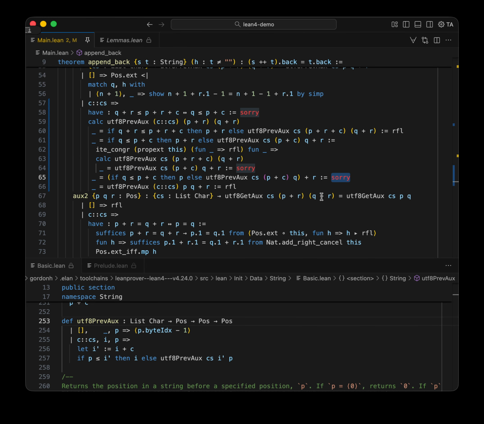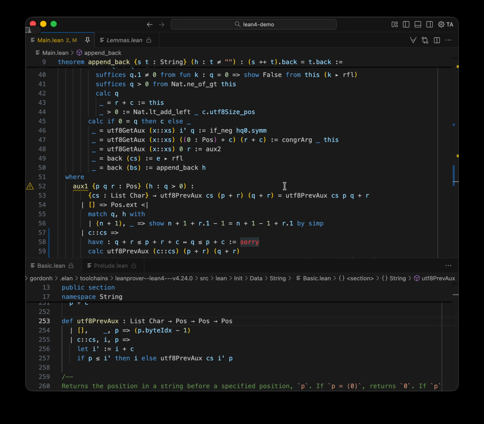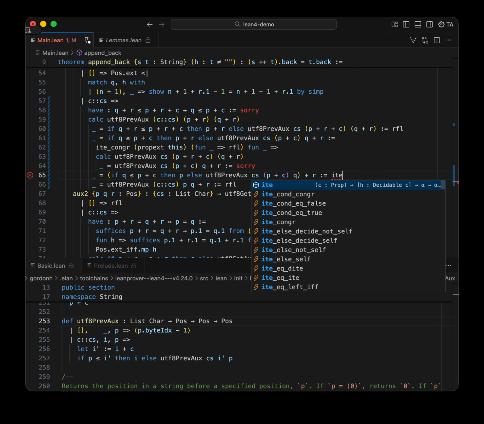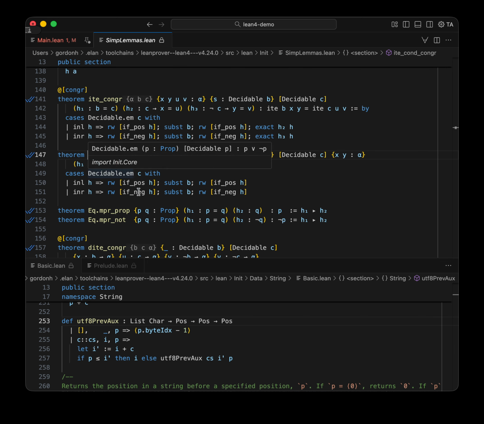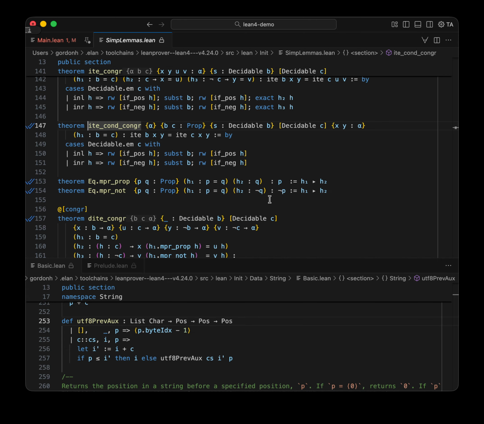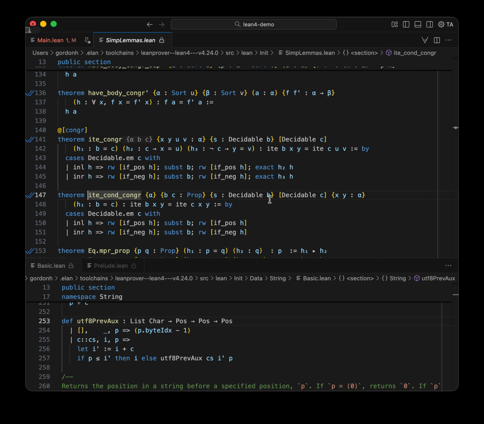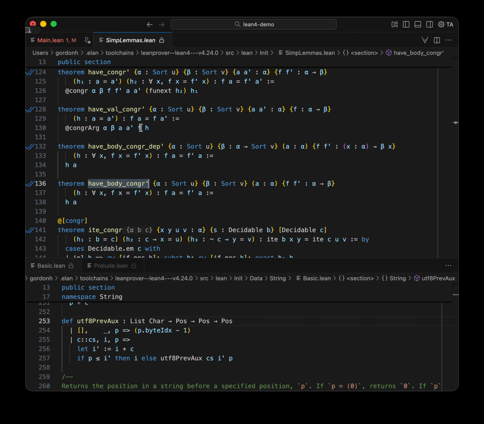So let's give it a name. This is a rather general statement. Okay, so from my experience, I've never seen what I want that is already defined in the standard library. Nope. Okay, what I want is this kind of congruence. Have body congruence. Yes, something like this.